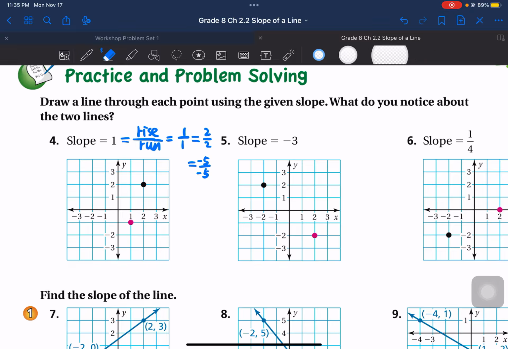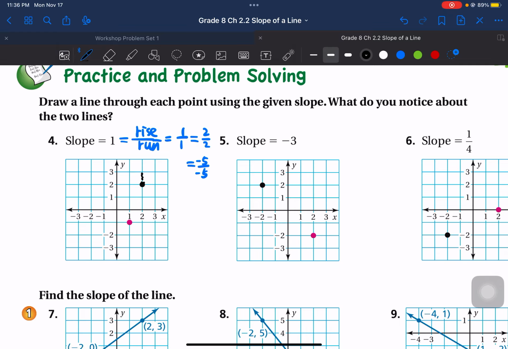So if you do 1 over 1, you go from the black point and go up 1 unit, and then you go to the right 1 unit. And then you connect those 2 points.